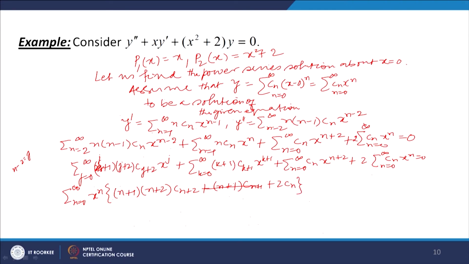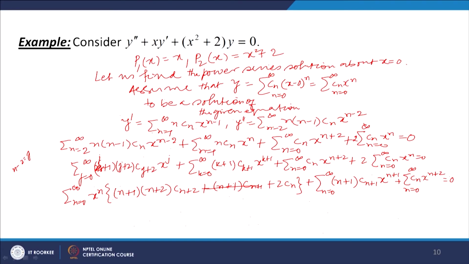Sigma n equal to 0 to infinity x to the power n multiplied to n plus 1, n plus 2 C n plus 2 plus 2 C n, and then we have sigma n equal to 0 to infinity C n plus 1 C n plus 1 x to the power n plus 1, plus sigma n equal to 0 to infinity C n x to the power n plus 2, equal to 0.